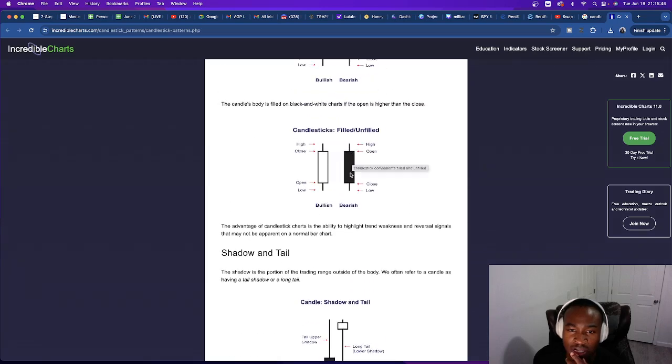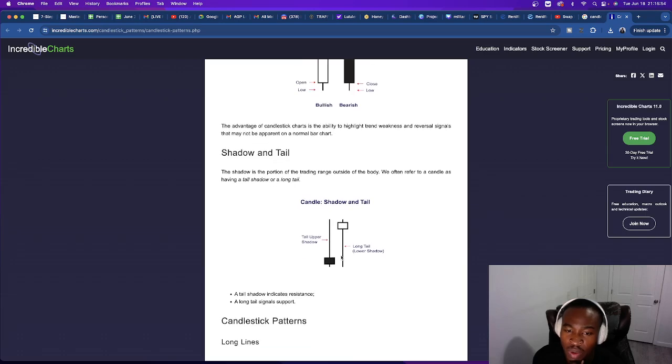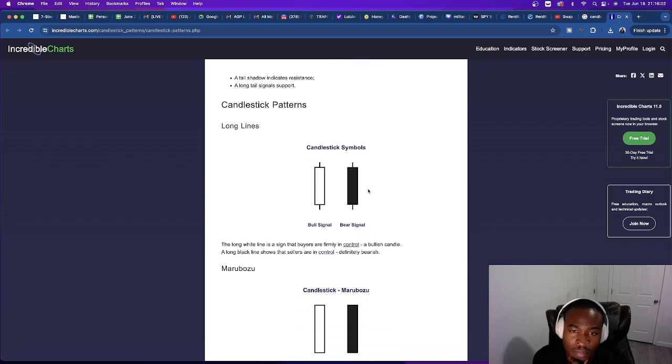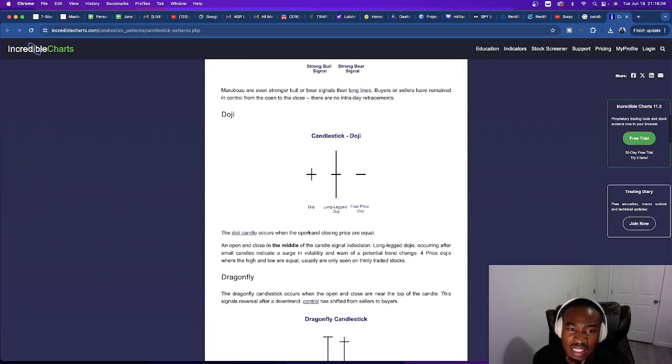These wicks are also referred to as shadows and tails. This is a tail or shadow or a wick. This is a tail, shadow, wick. And that's basically all you guys need to know when starting out.